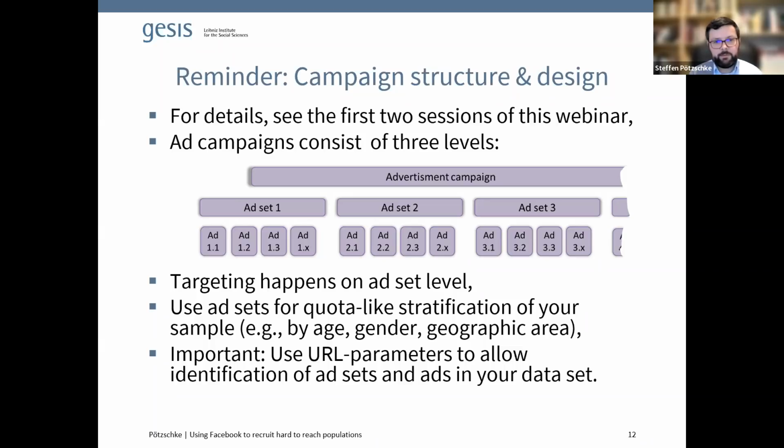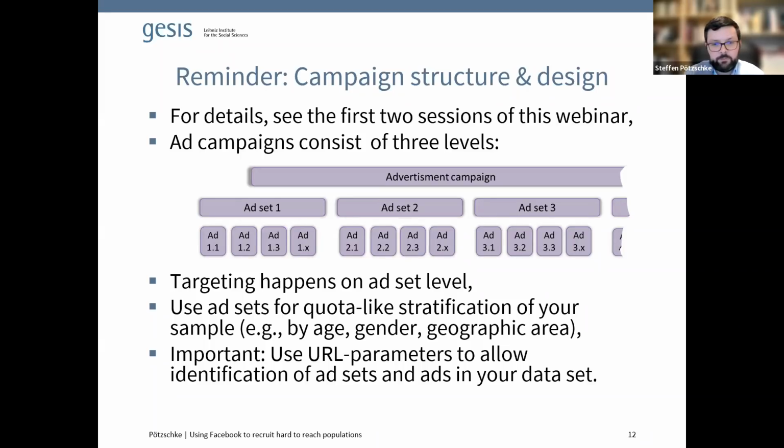Importantly, the targeting happens on the ad set level, which means that you can combine a specific number of ad sets to create a quota-like stratification for your targeting approach, for your targeting strategy.